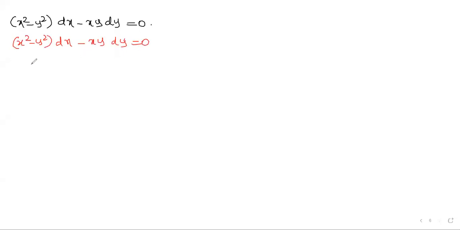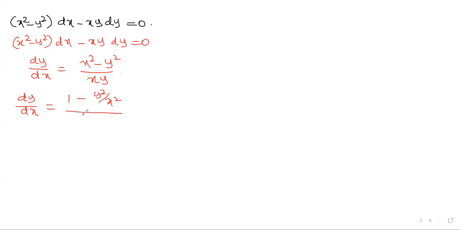So then, writing dy by dx, dy by dx is equals to (x square minus y square) by xy. Same as before, if you convert and cancel here, directly I'm writing now (1 minus y square by x square) by (y by x), same as the previous problem.